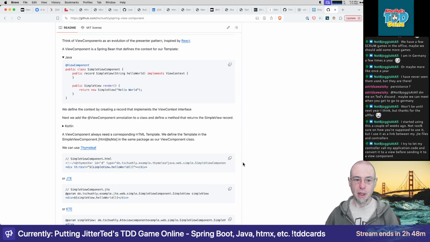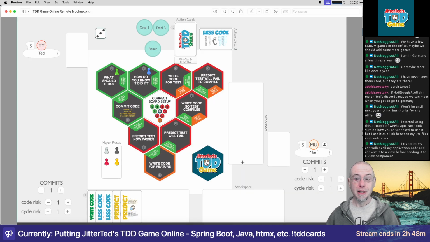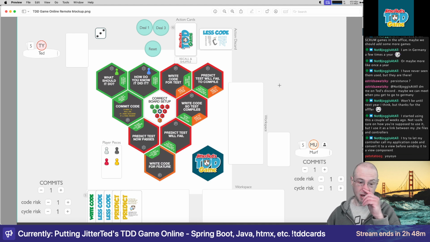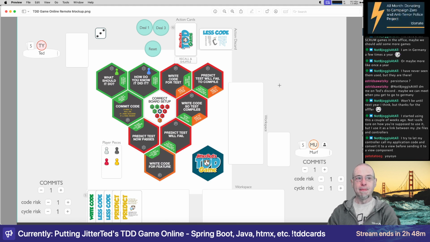And the other thing is that because this is a real-time game, people will do things and nobody's going to refresh their browser. So therefore I am going to use WebSockets. Therefore the HTML I'm sending around is not going through HTTP.